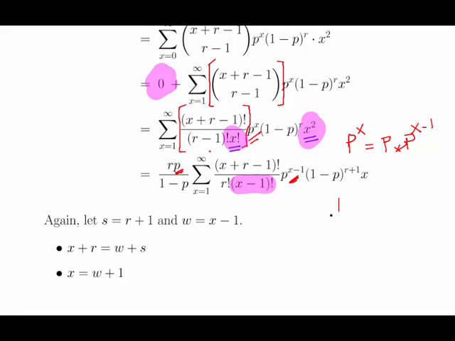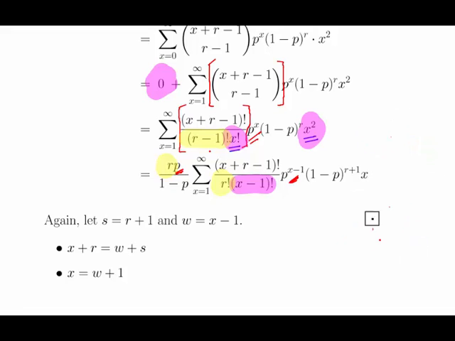Well, r minus 1 factorial, that is equal to r factorial over r. So that's where I go from r minus 1 factorial to this r here and this r factorial here.